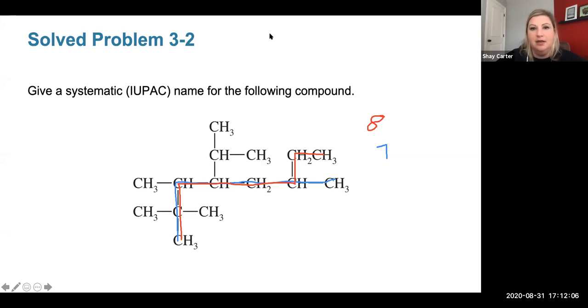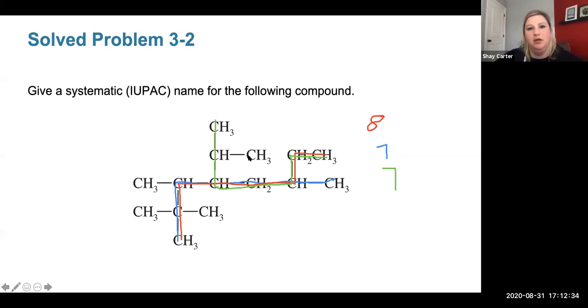Let's see. We can start here and go 1, 2, 3, 4, 5, 6, 7. That doesn't help us get it any longer. I'm trying to think if there's any other options. I think our red is still good. It's going to be the longest no matter what we do.